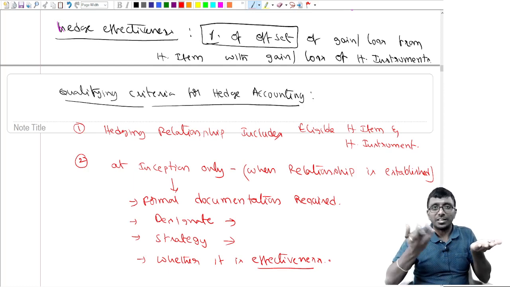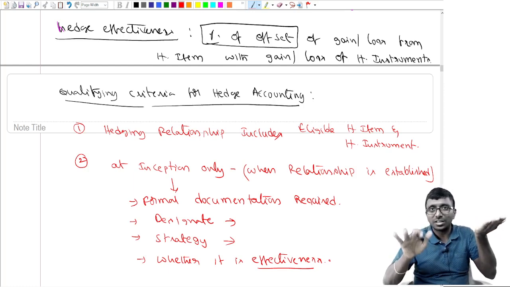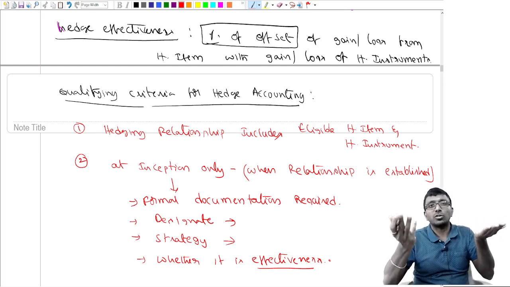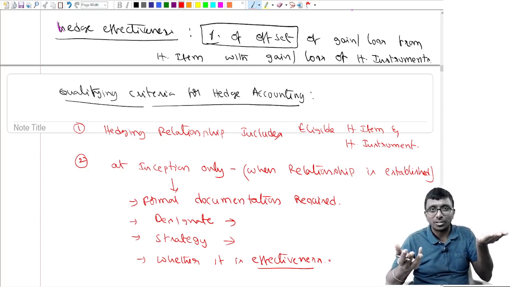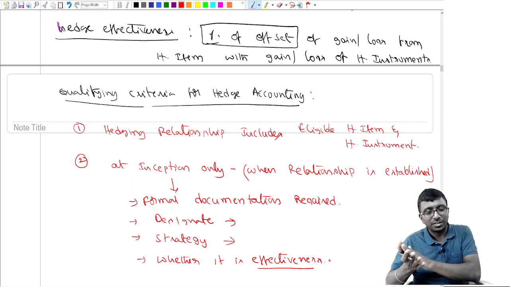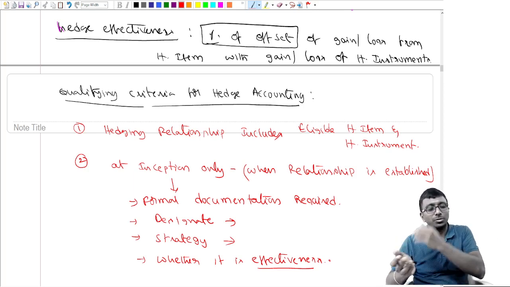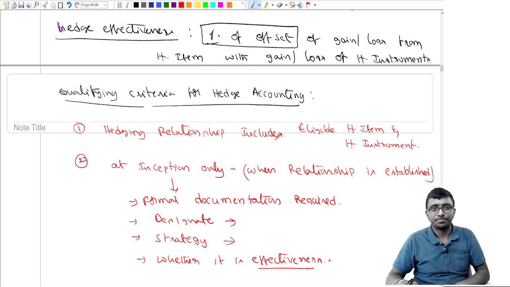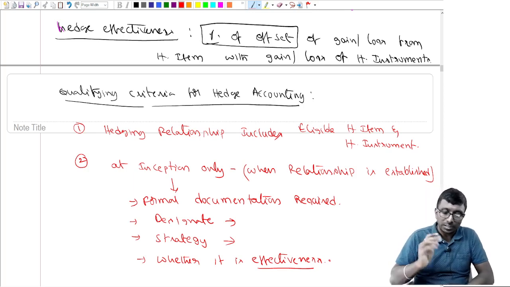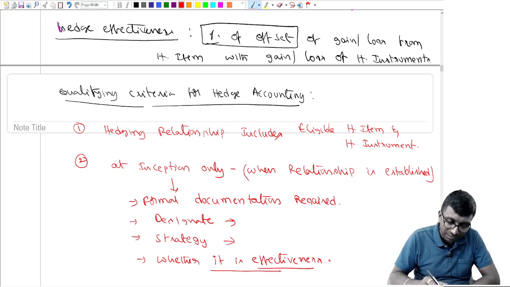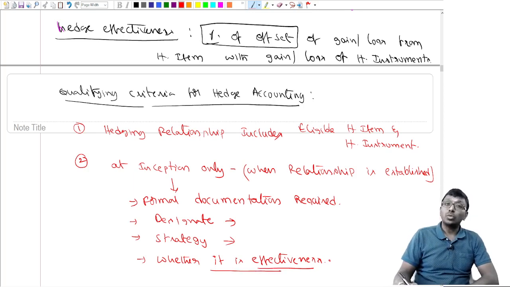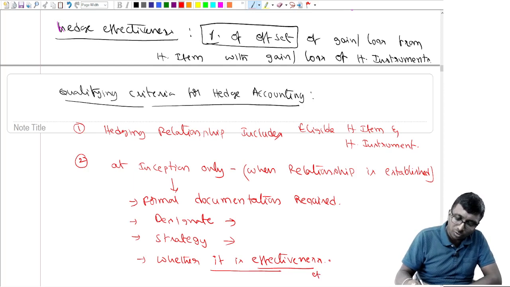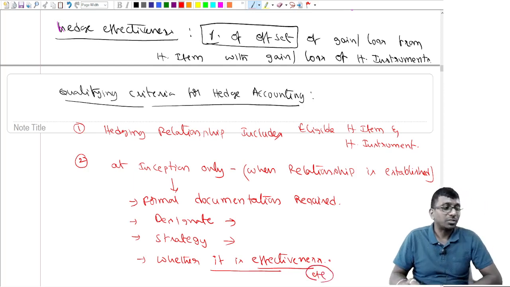Hedging means here loss is coming, so here gain should come. Then what should I do? There is no relationship, and whatever gain or loss comes on the hedging instrument, you transfer it to profit and loss, because this is an ineffective hedge. Got it? That is whether it is effective or not. And a little more information you are supposed to give. I am just closing it with etc.